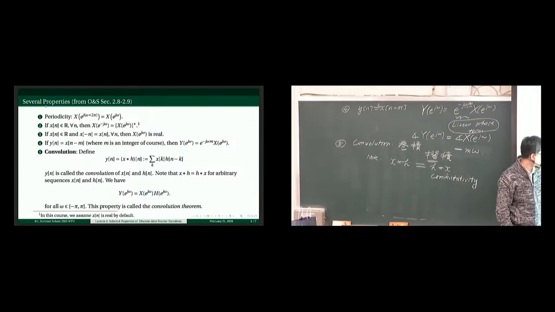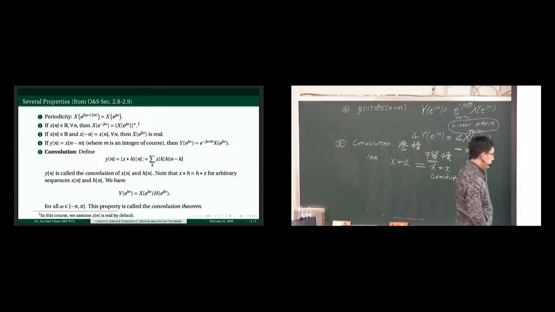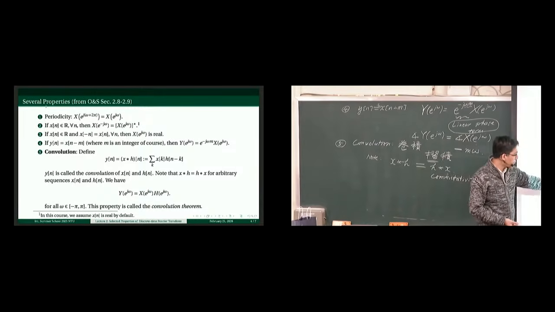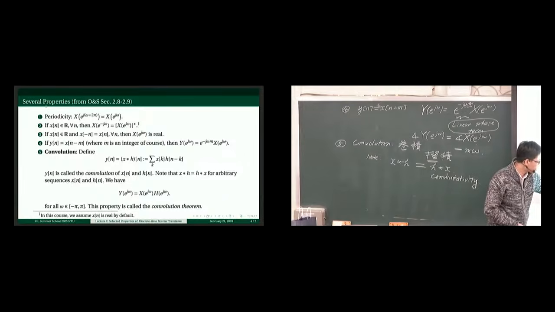But now, the important thing is that we change the convolution in time into simply doing a product in the frequency domain. For all frequency, we say between minus pi and pi because the spectrums are always periodic. And this property, the spectrum being the product of x and h, is called the convolution theorem.